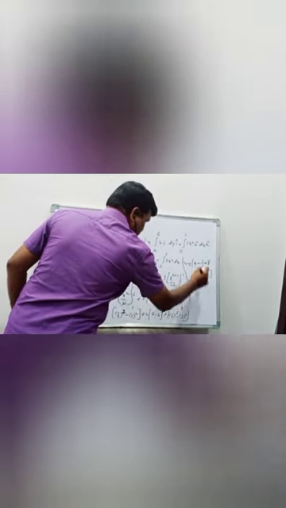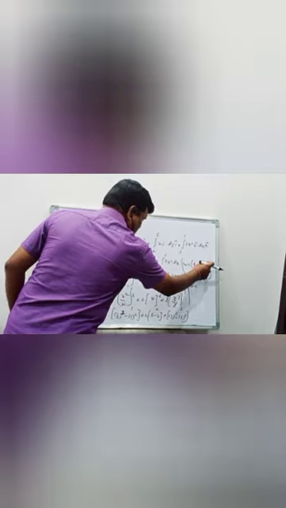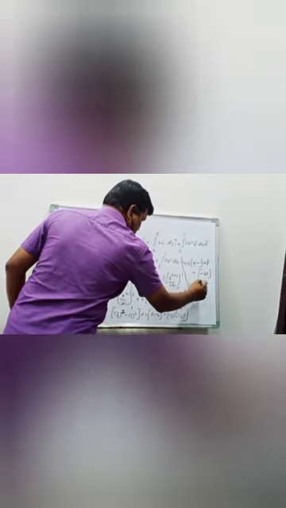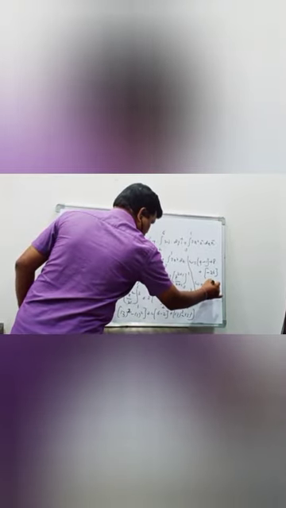The total is 8 + 8 = 16, minus 26, so that gives minus 10 joules. That is the answer.